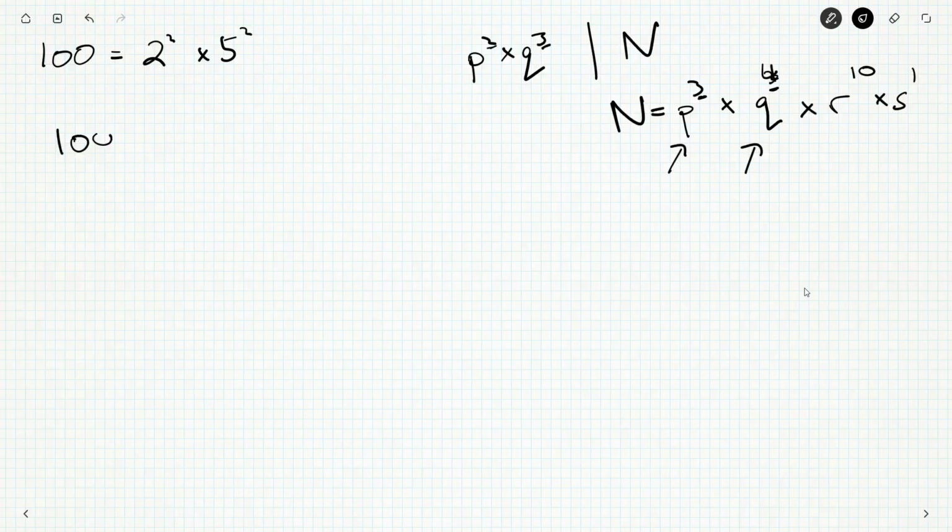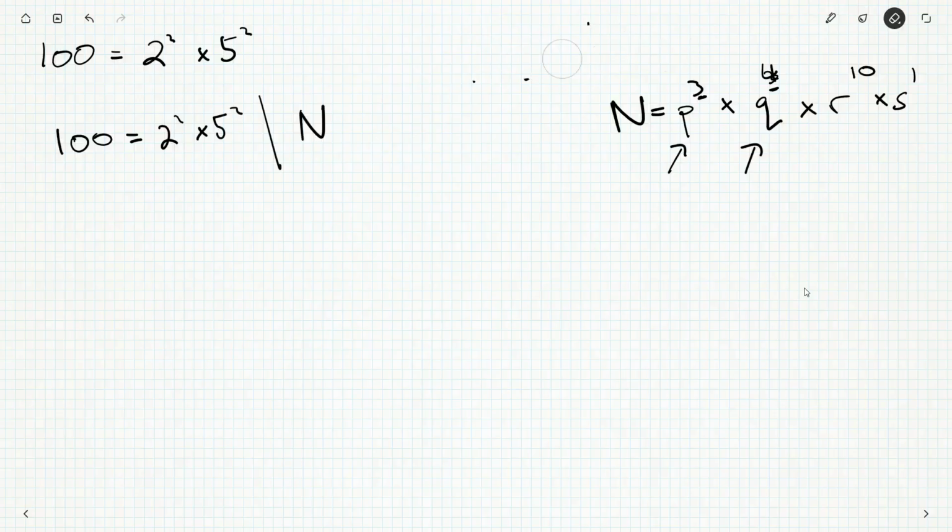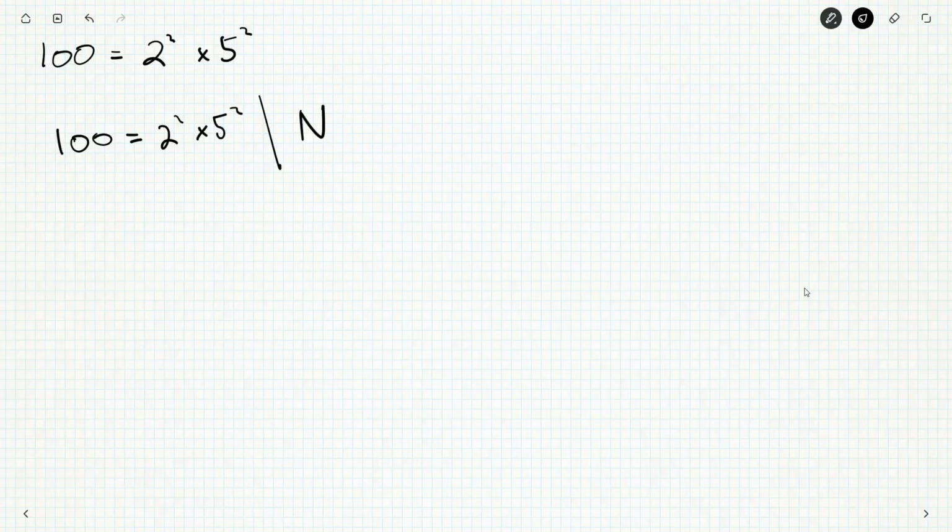So we're told that 100, which is 2 squared times 5 squared, divides evenly into n. So what has n got? Well, it's got 2 to the 5. Great. That's more than the 2 here, so that's okay. It's got 3 to the 2, 7 to the 1, and then it's got box.